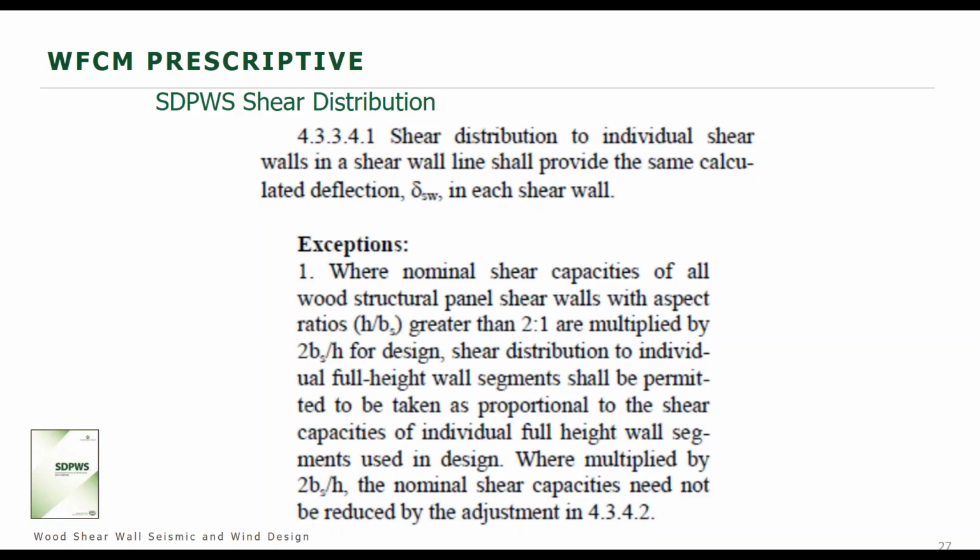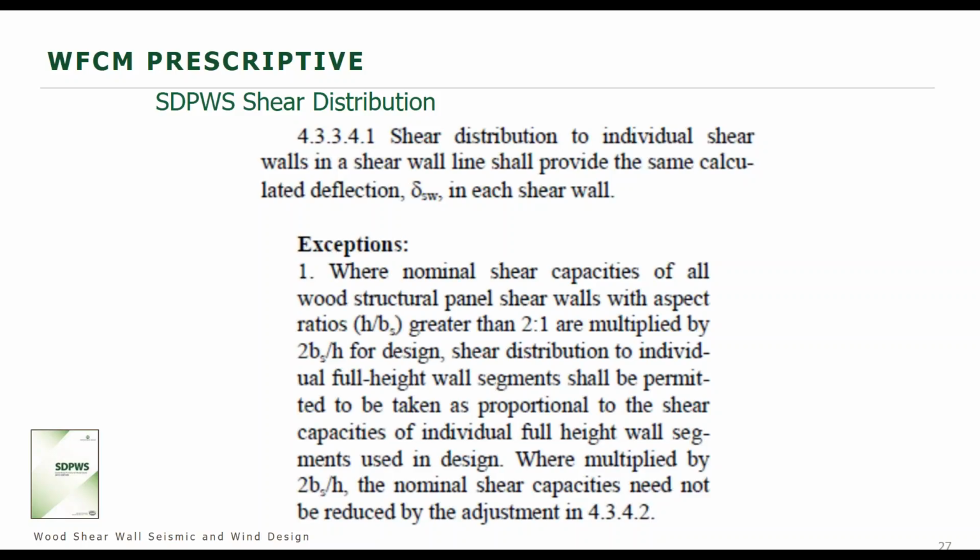Where our aspect ratio is greater than 2:1, we have to multiply by 2b_s over h. Now in the 2015 Wood Frame Construction Manual, this is something that we don't have to apply to wind designs. It applies in 2015 to seismic designs only. In the 2018 WFCM, it will apply to both wind and seismic designs.